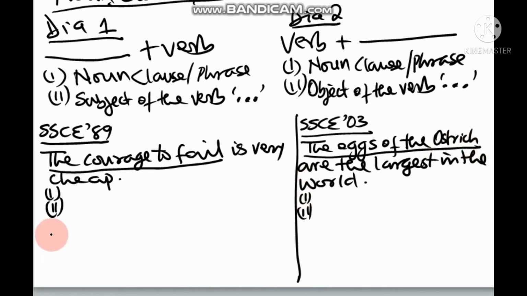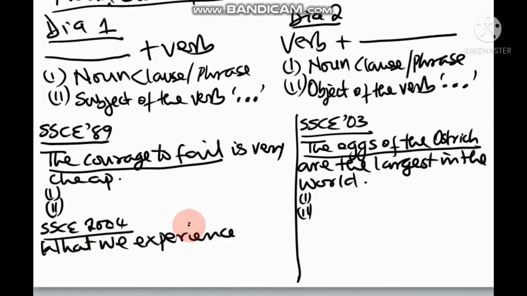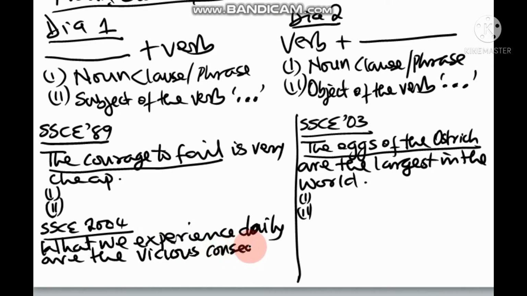Let us see one more example. SSCE 2004, where they said, what we experience daily are the vicious consequences of unemployment.